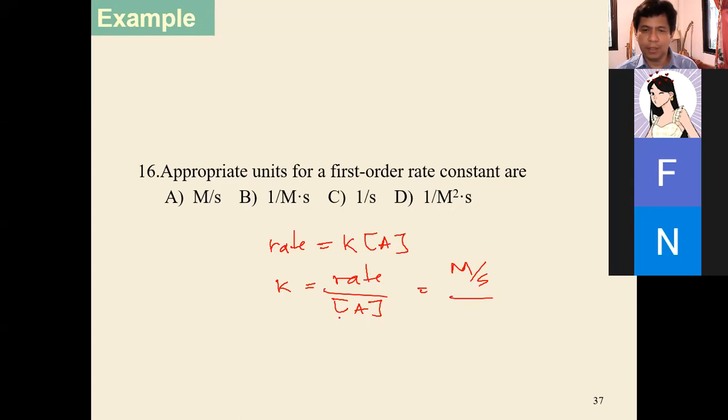Tapos ang A naman, concentration, palagi siyang molarity. So, pag kinancel niyo yung molarity, ang magiging unit ng K ay 1 per second. Okay. So that also works for the second order. Pag second order, squared ito, magiging M squared, magkakaroon ng M dito. Ganun lang yun.